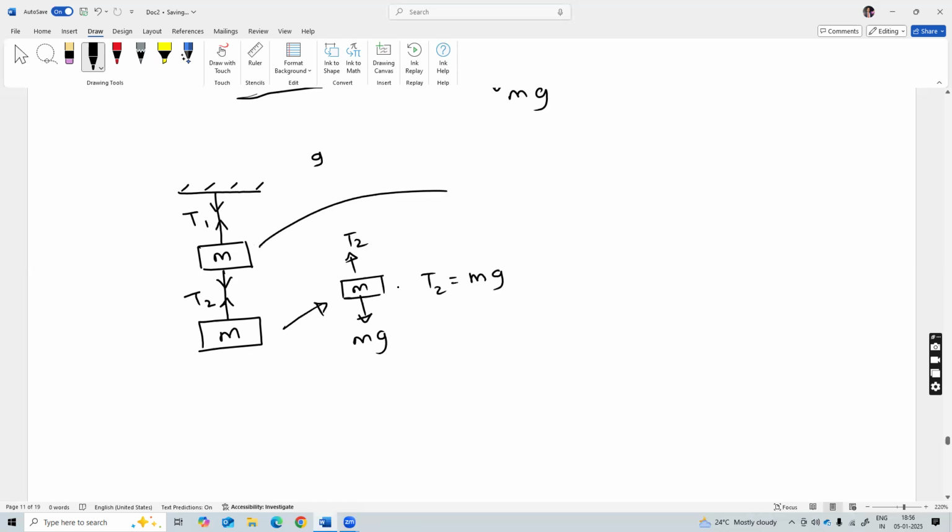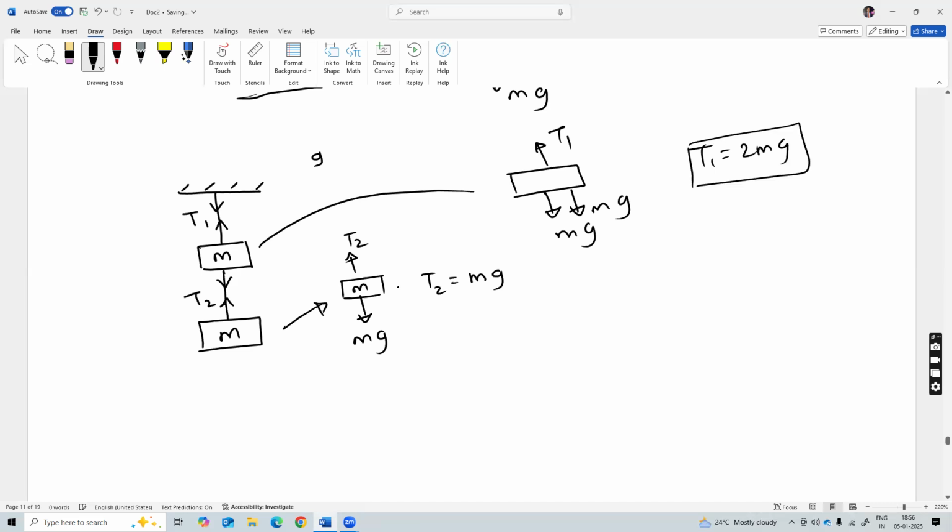And if you consider the FBD of this mass, then T2 equal to mg will act downward, its weight mg will act downward, and T1 will act upward. So you will get T1 equal to 2 mg. In this case, this T is basically the tension in this string.